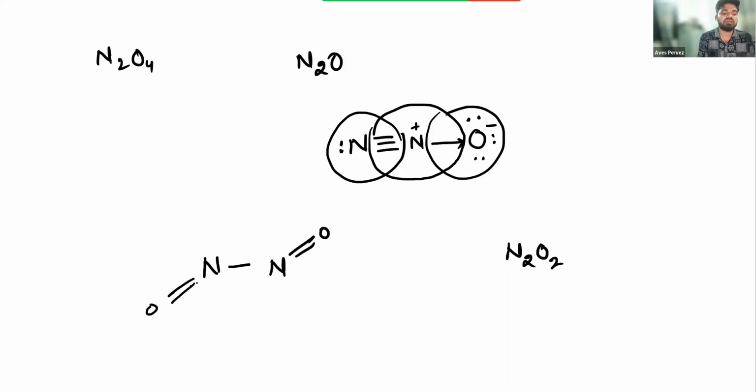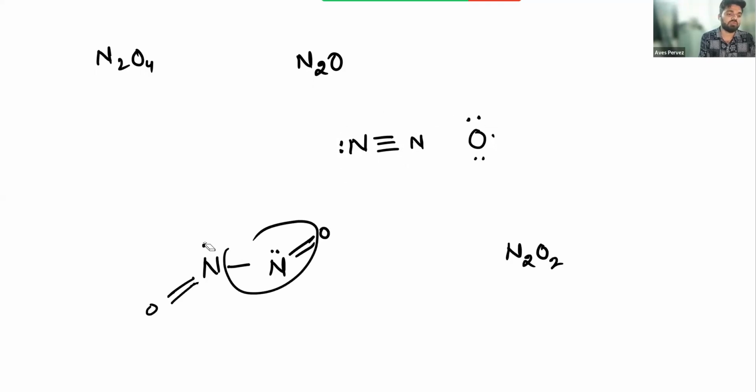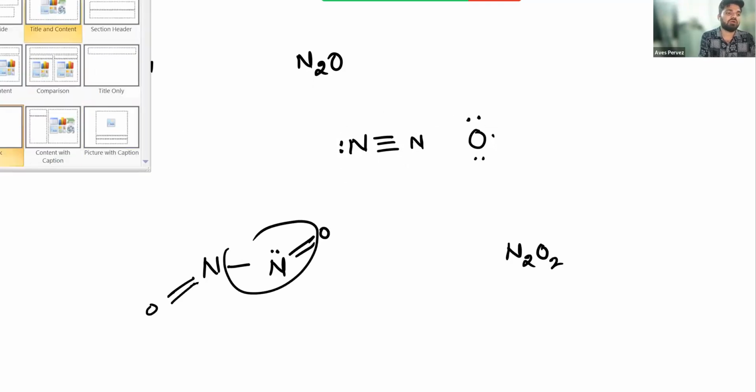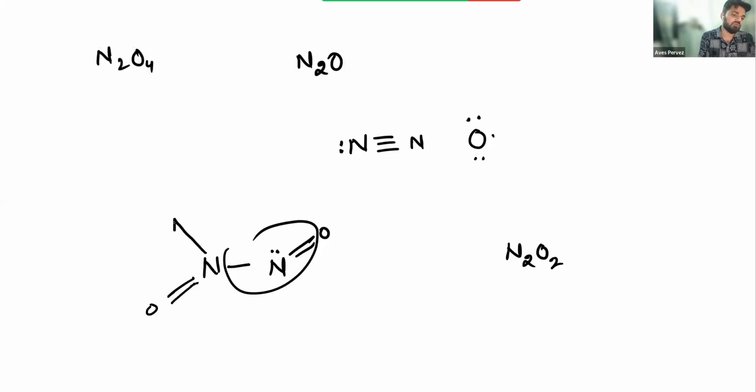Every nitrogen atom has participated its 3 electrons, 1, 2, 3, and 2 are already present here, so it is going to have 8. 1, 2, 3, 4, 5, 6, 7, 8, and similarly 1, 2, 3, 4, 5, 6, 7, 8. It is also going to have 8 like this. But this lone pair of nitrogen is going to make a bond with this oxygen atom using its 2 electrons.